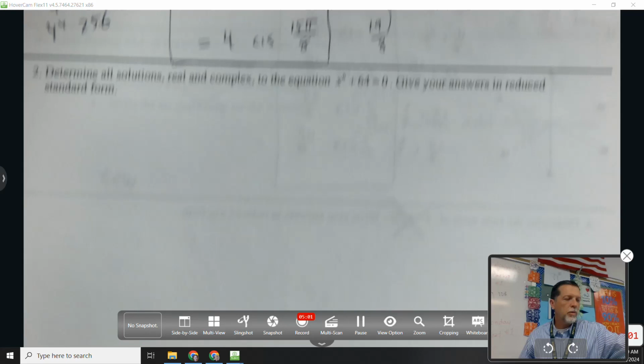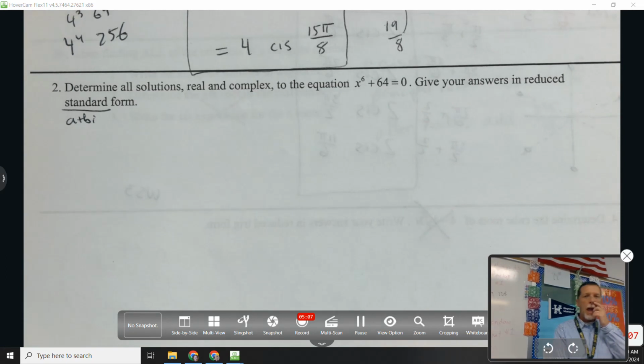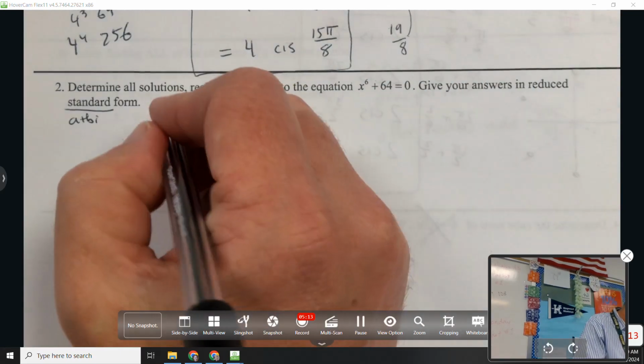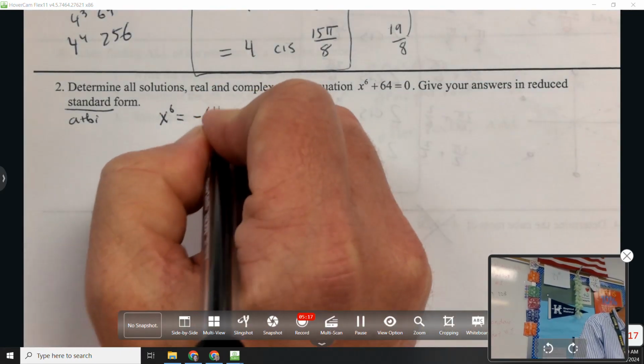As opposed to number 2, which says standard form. So my answers will need to be a plus bi. Oh, how many answers am I going to have? 6. X to the 6th equals negative 64.